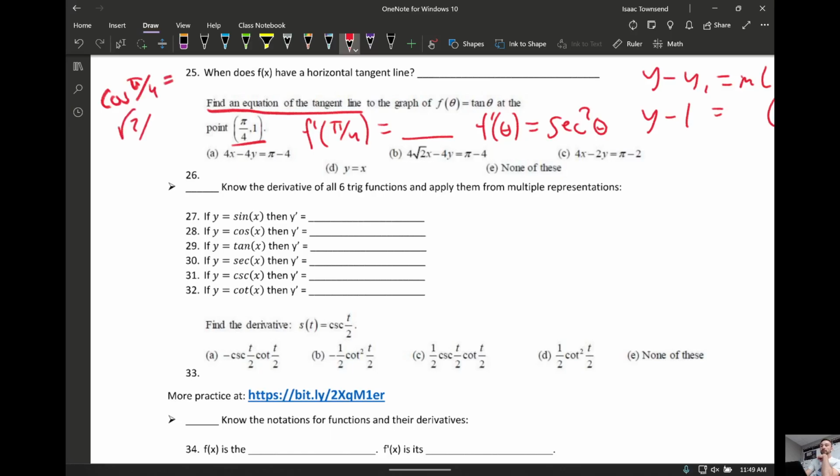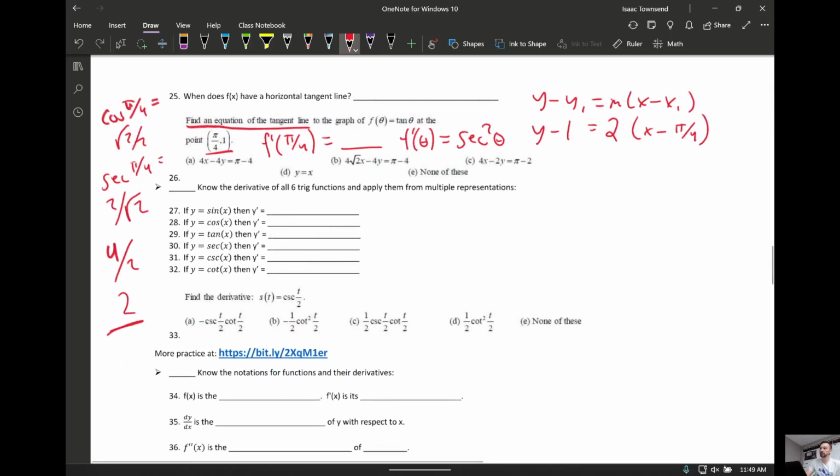Square root of 2 over 2. Okay, so then the secant of pi over 4 would be the reciprocal of that. But I want it squared anyway. So to square a fraction, you multiply it by itself. Do you see how that's going to simplify to 2? So at that x value, the slope is 2. That was the last key to plug in.